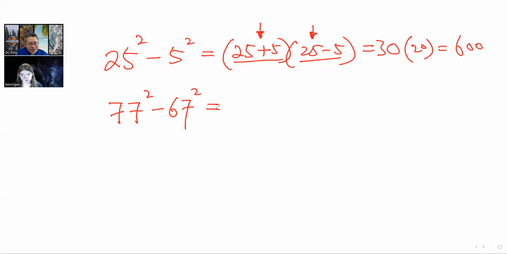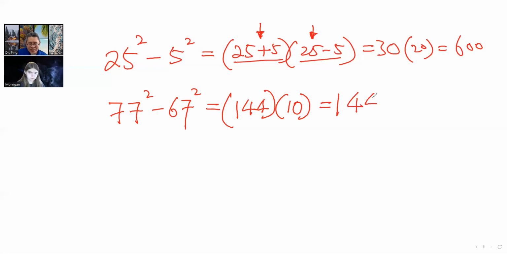That'll be 144 plus 10. So multiply that 144 times 10. So that's just 1,440, right? Yes. Because times 10, that's easy. We just add 0 to it.